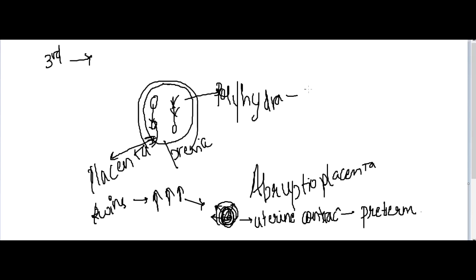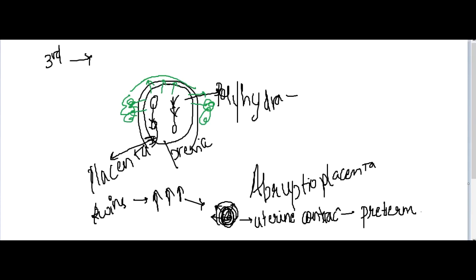And then there can also be pressure symptoms. What are the pressure symptoms? This might compress the diaphragm. If it compresses the diaphragm, this can cause breathlessness and respiratory difficulties. If it compresses the gastrointestinal tract which is present on either side, in such cases there can be GI symptoms.